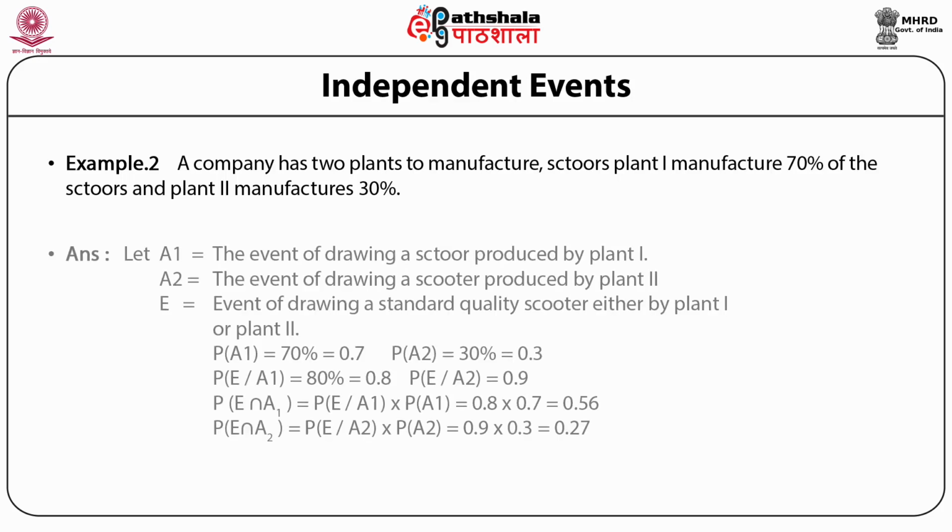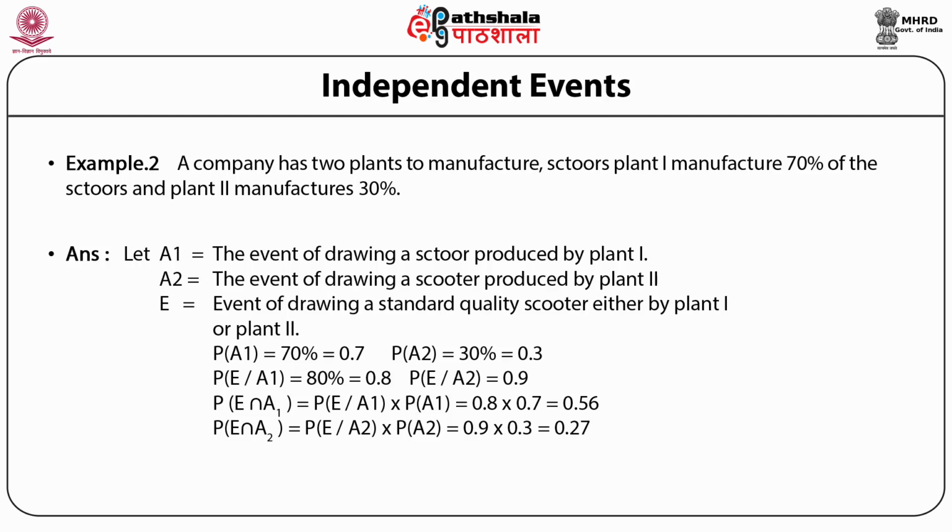Now, we will solve this problem. Let A1 be the event of drawing a scooter produced by plant 1 and A2 the event of drawing a scooter produced by plant 2. The event of drawing a standard quality scooter from either plant is denoted by E. Probability of A1 is 0.7, probability of A2 is 0.3.